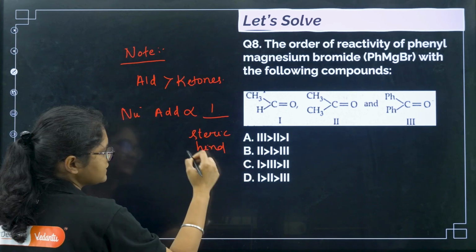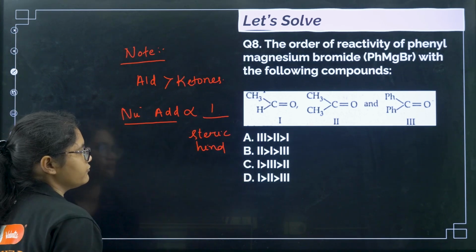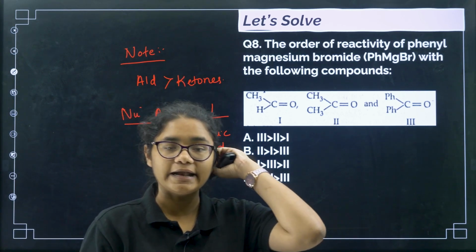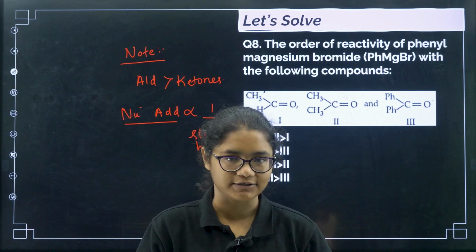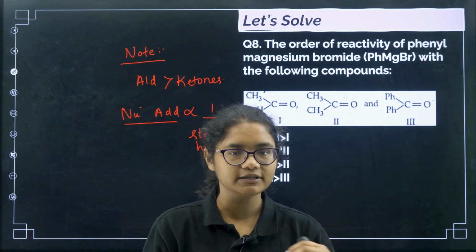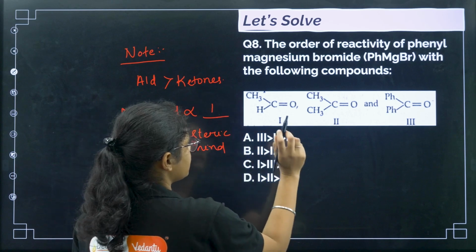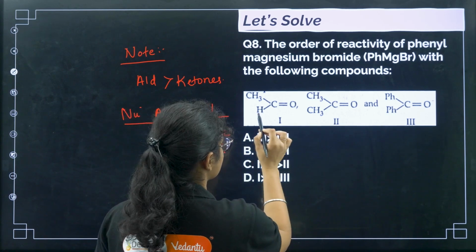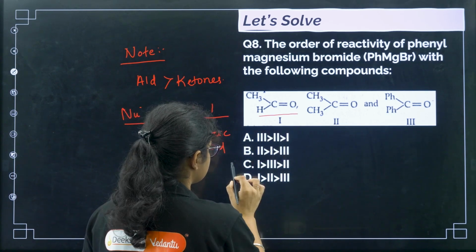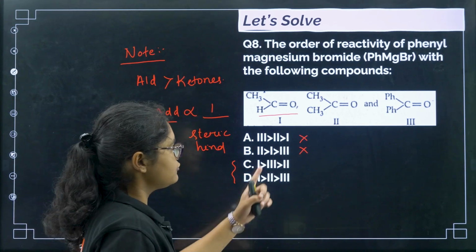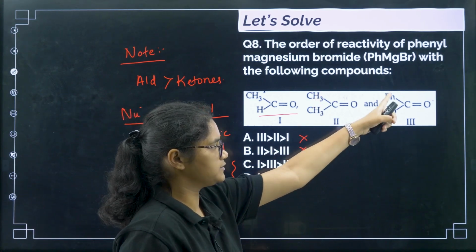Less steric hindrance, more will be the rate of the nucleophilic addition reaction. Clear? Less steric hindrance, more reaction. So now if you see, aldehydes will be more reactive than ketones. These two are ketones, so definitely one will be highest. You can see there are two options where one is highest, so we can eliminate A and B. Now if you see, CH3 group is there, Ph group is there.